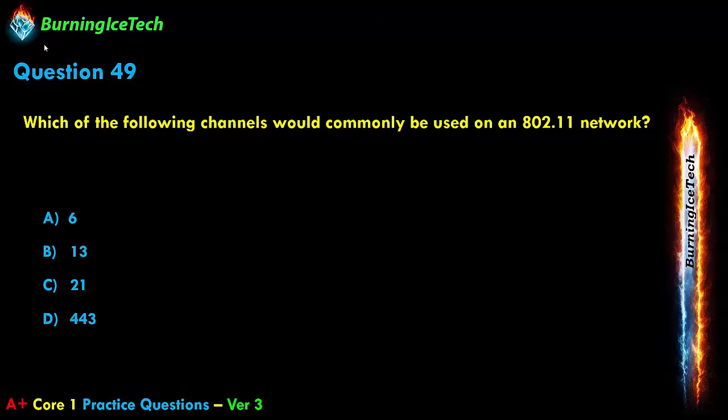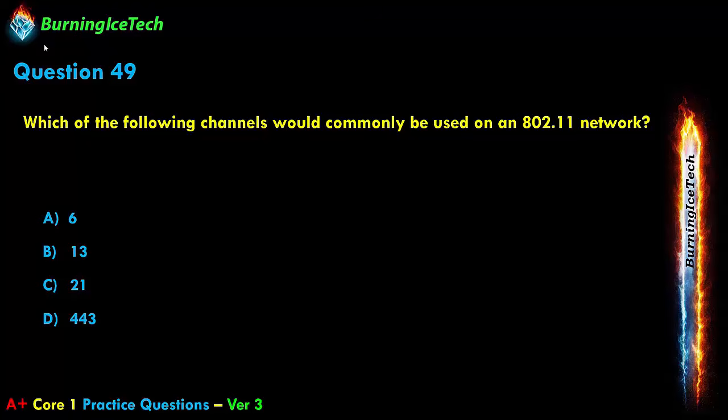So to avoid this interference, there are channels you can choose from. Think of these as channels on a walkie-talkie. You'll put your access point on a certain channel, and I'll put mine on a different channel. And this is going to get rid of that interference. Well, whether it gets rid of the interference entirely depends on what channel exactly you choose. And that's what this question is about.